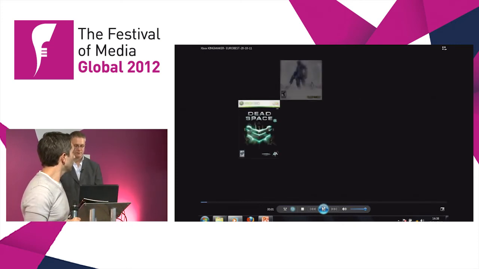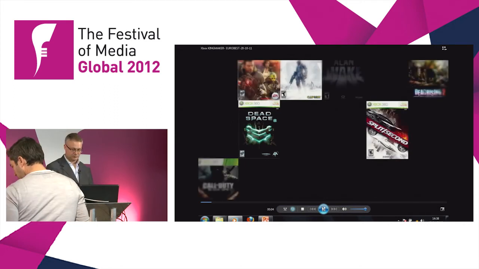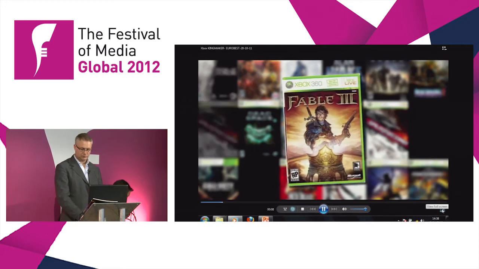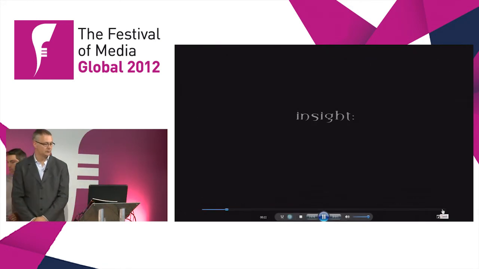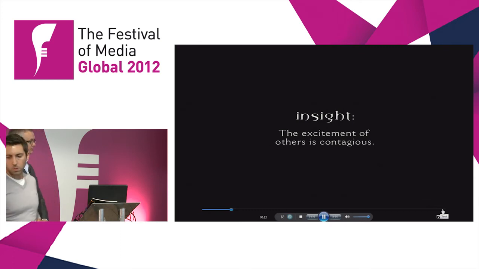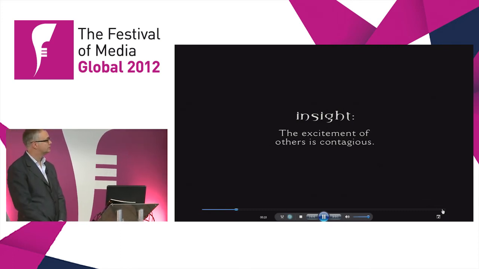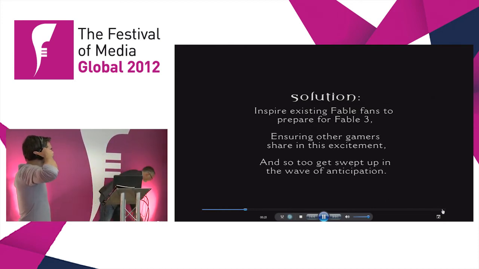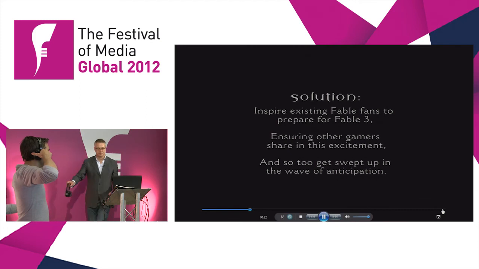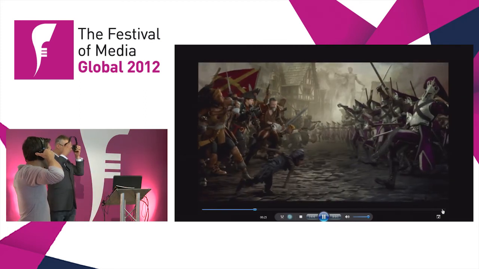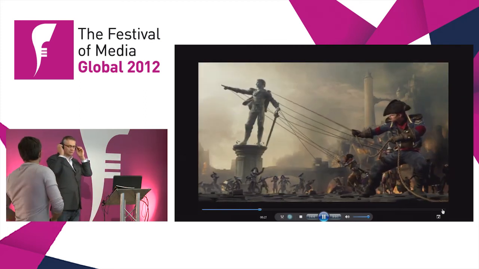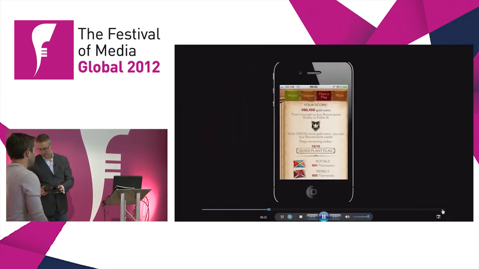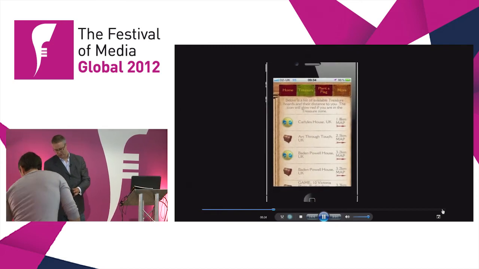In October and November, a new Xbox 360 game is launched every day. How could we make Fable 3 the game to buy for fans and new gamers alike? Fable 3 was a game based on Rebel Revolution, so we created Fable 3 Kingmaker, a free app-based game that let players participate in this revolution weeks before Fable 3 was released.